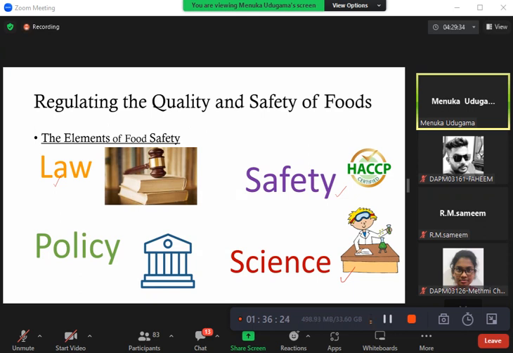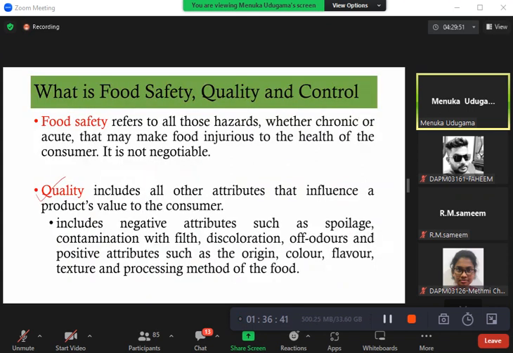Then there should be a law and regulations enforced, so whoever does not comply with these standards will be fined or sued or will have to suffer the consequences. Right.